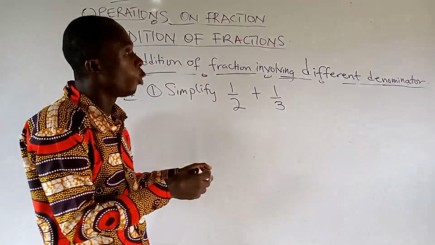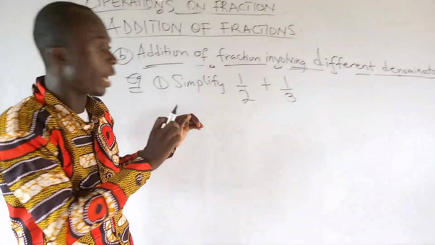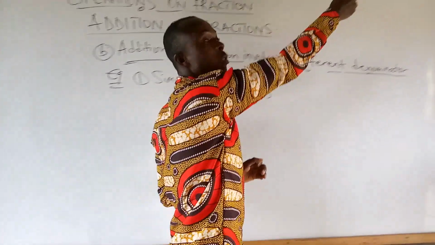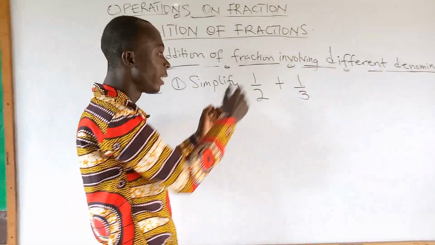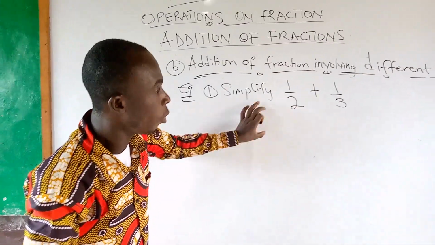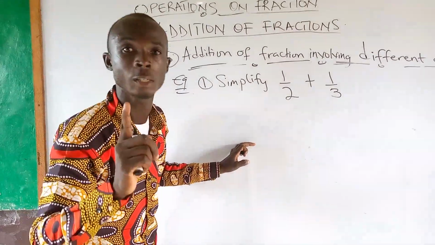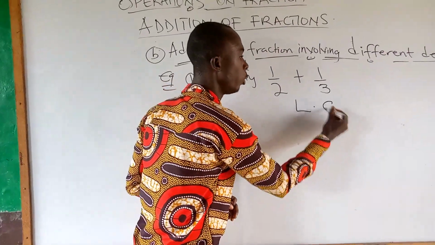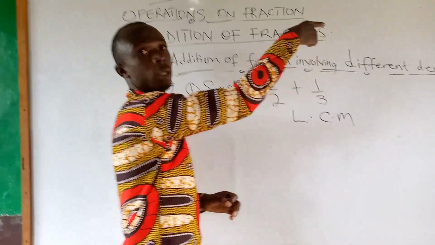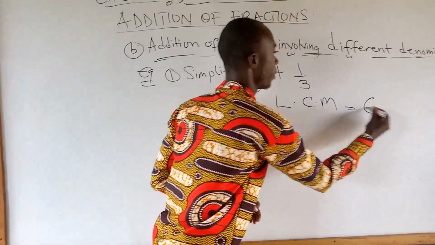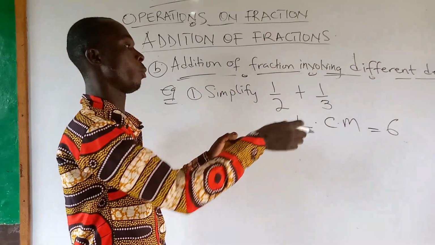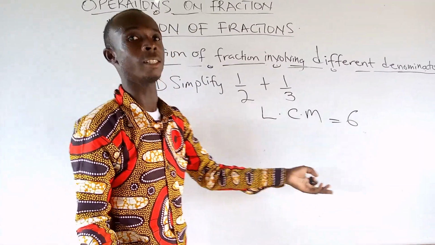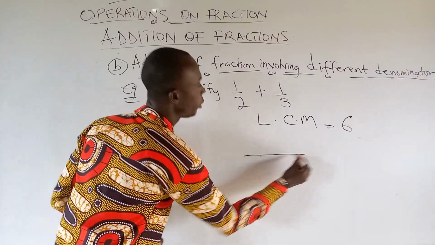And once you know your least common multiple, that is, you know your multiples for 2 and 3, there is no need to use that calculation. And I indicated that the first common multiple is always your least common multiple. So the LCM for 2 and 3, using that method I taught, would be 6. Because they are common multiples, the first one will be 6. So this means this one is the LCM.